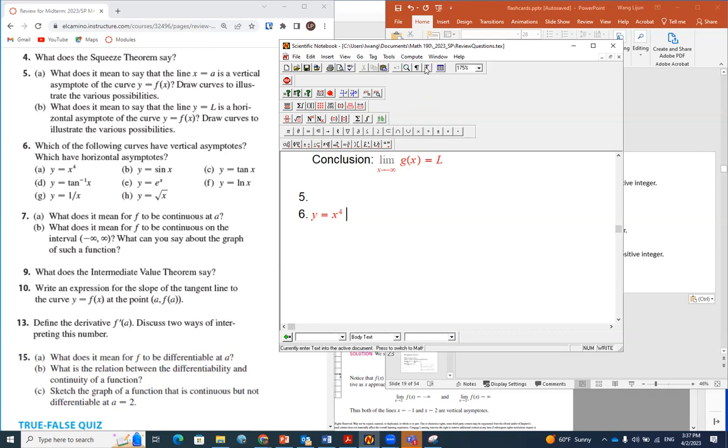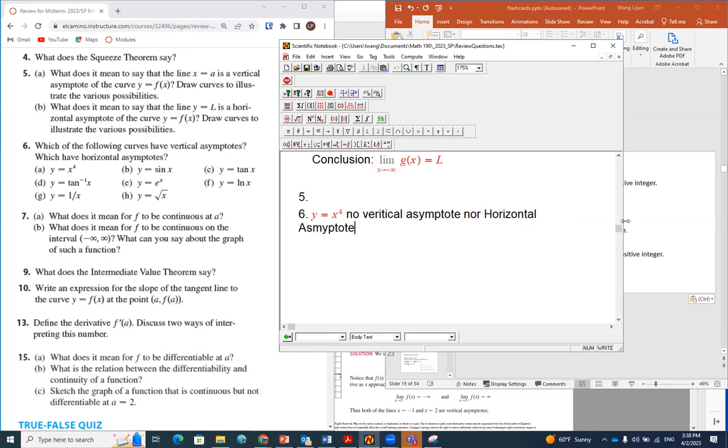It has no vertical asymptote, nor horizontal asymptote.